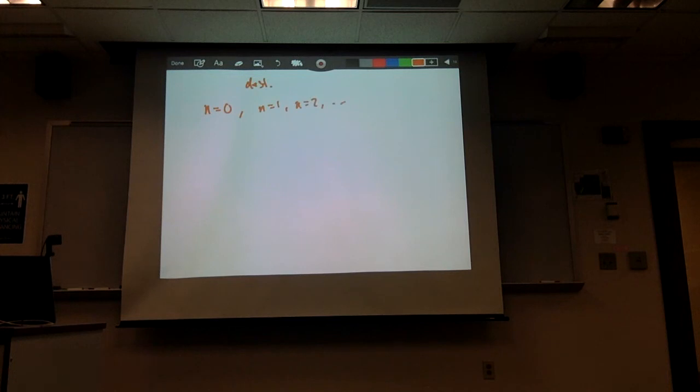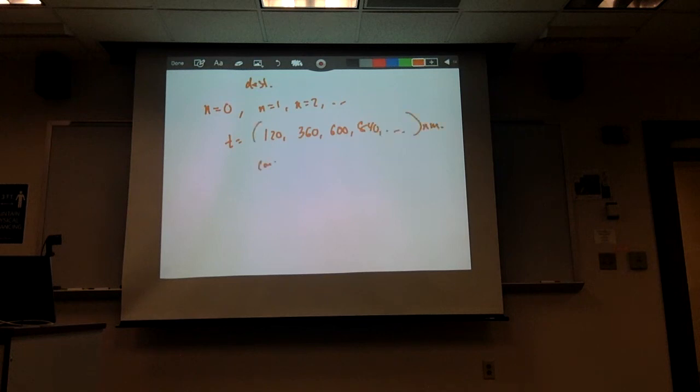If I do that, what I find for destructive interference is that the thickness is equal to 120, 360, 600, 840, etc. nanometers.